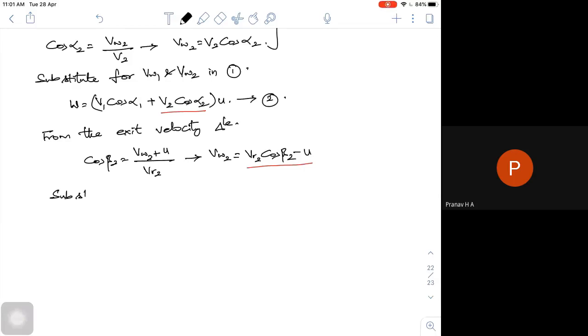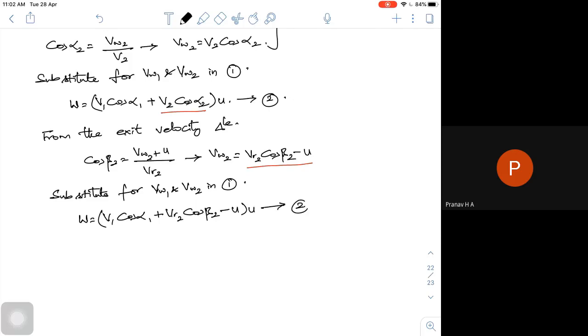If I do that, I'll be getting V1 cos alpha 1 plus VR2 cos beta 2 minus u into u. So this is, if I call it, 2 dash.